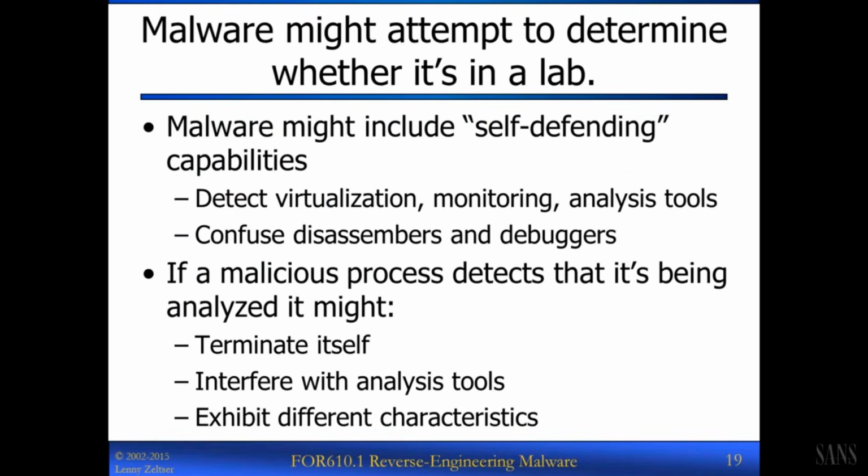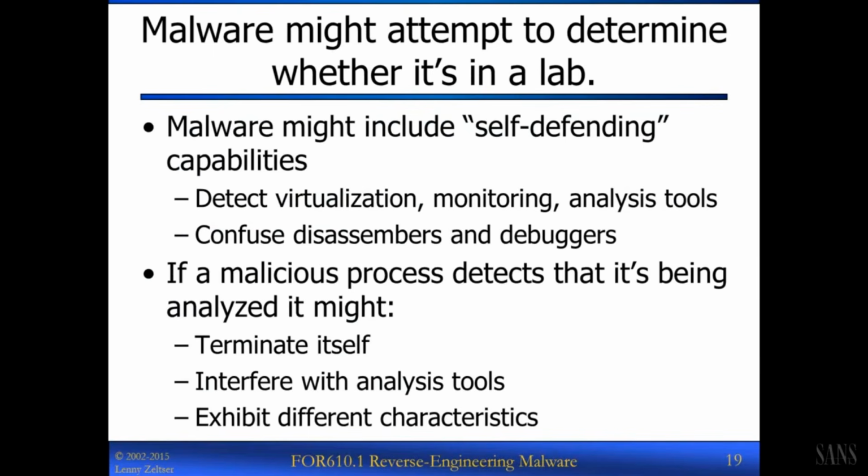This slide just touches a little bit more on some of the possibilities when it comes to malware that will actually fight against you. So we're going to see some cases here of malware that tries to detect your analysis activities. And it's a little scary to think about because we're using all these tools to monitor malware, but the fact is attackers know that. I mean, if you consider the set of 10 to 20 common tools used for malware analysis, it's really easy for an attacker to understand what those tools are, how they work, what they're called, and some of the impact that they have on a system.